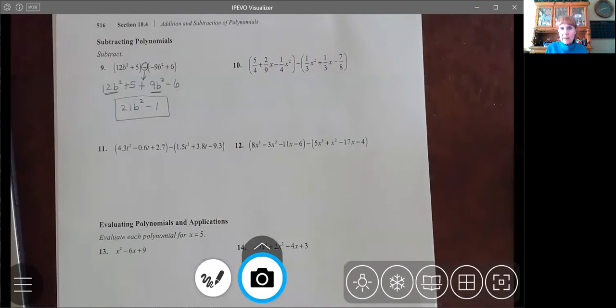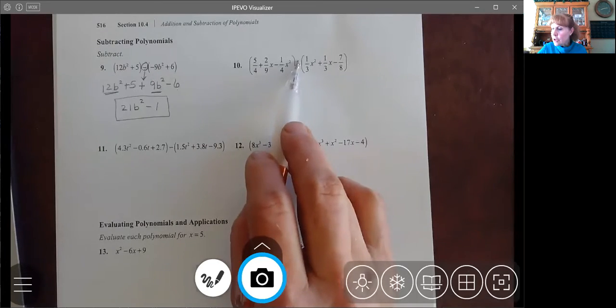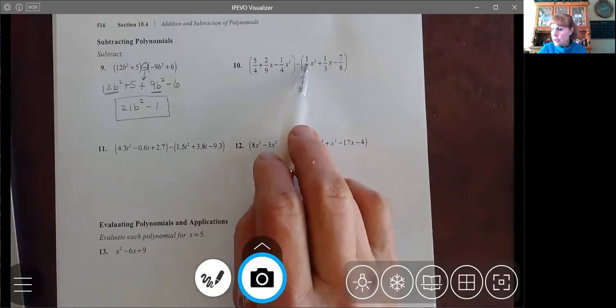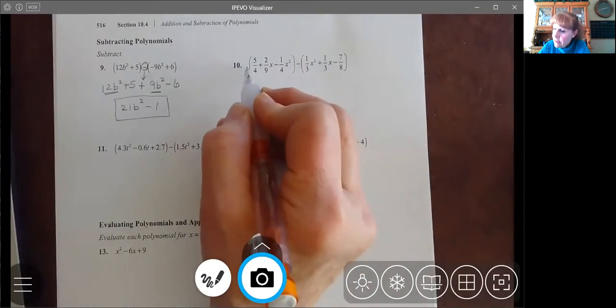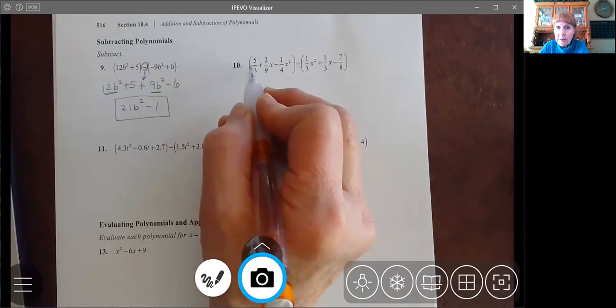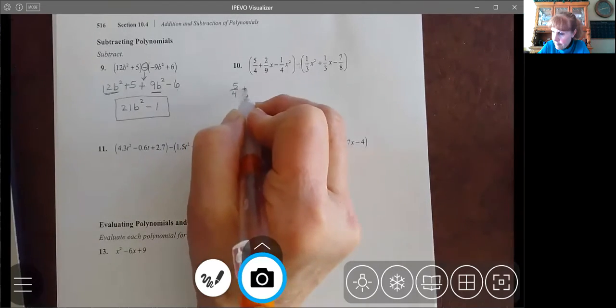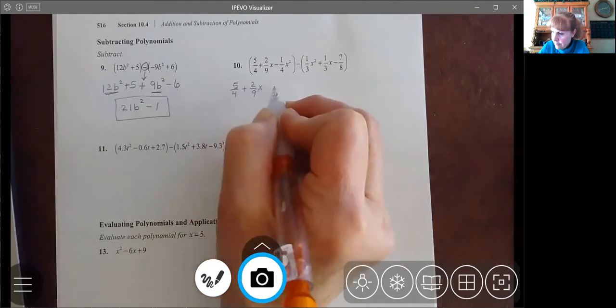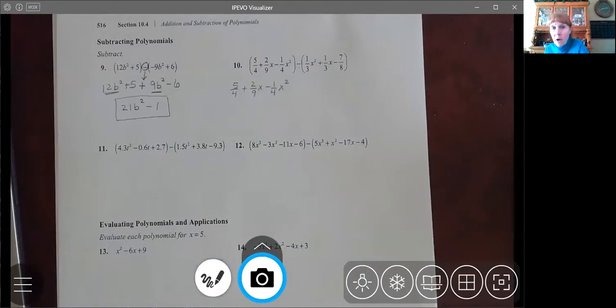What we're going to do is, rather than mess with these, we're going to go ahead and set it up just so that we can practice changing that to addition and then changing the signs that follow inside. So let's look at this. There's not a negative in front, so this one stays. Because we've already added a lot of fractions, we're mainly interested in combining like terms, not how to add fractions.